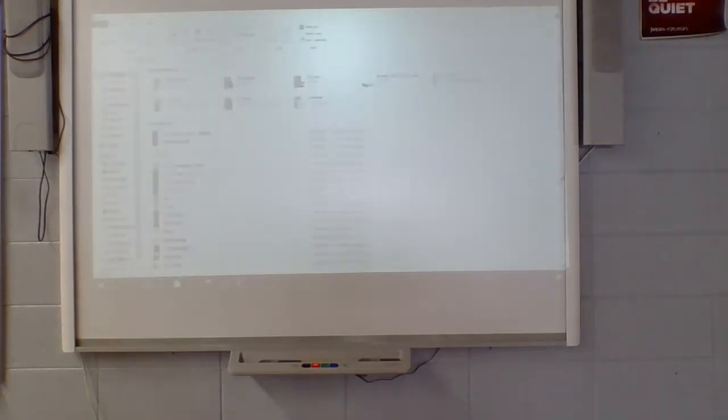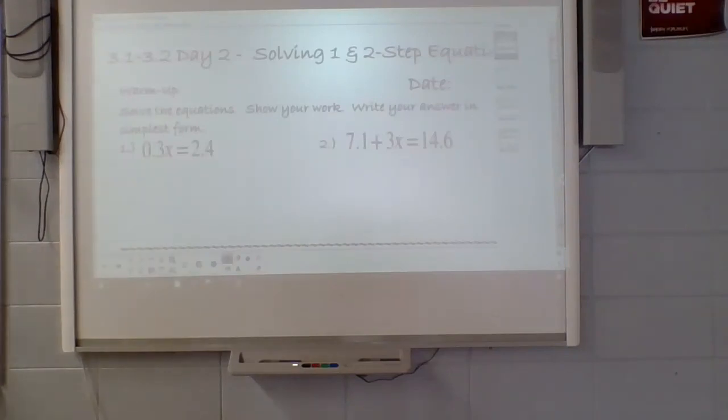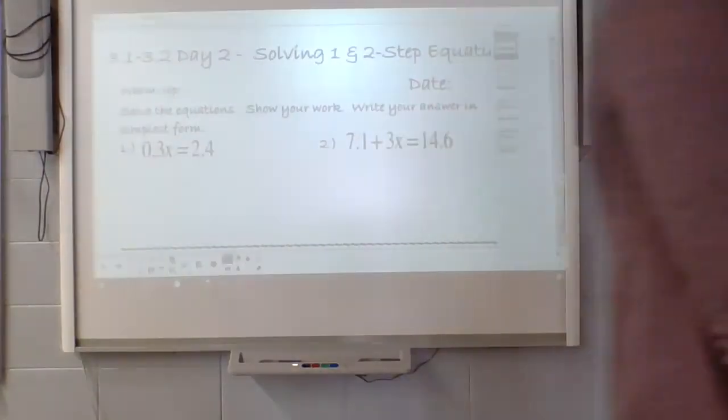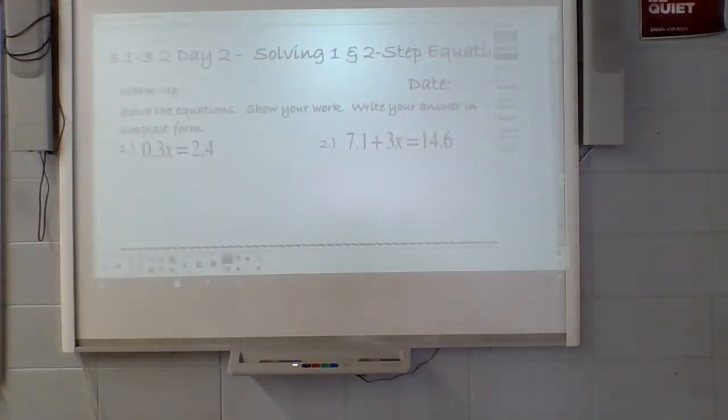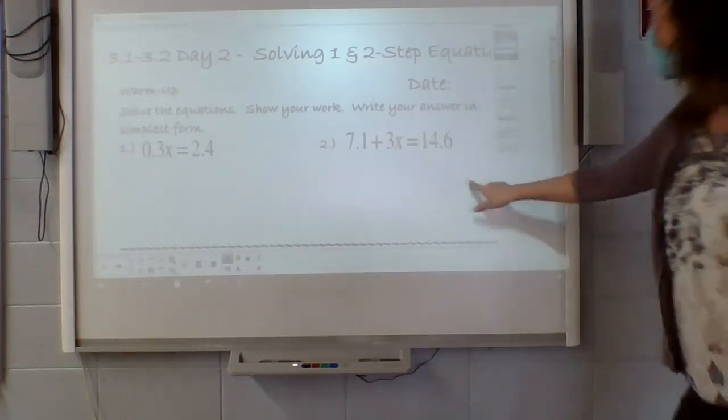I apologize for first day here. Shows how much you guys read the directions that you were okay with it being in Spanish. Like you were like, whatever, I don't read what she writes.